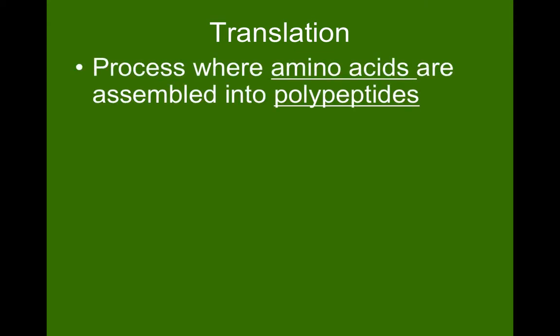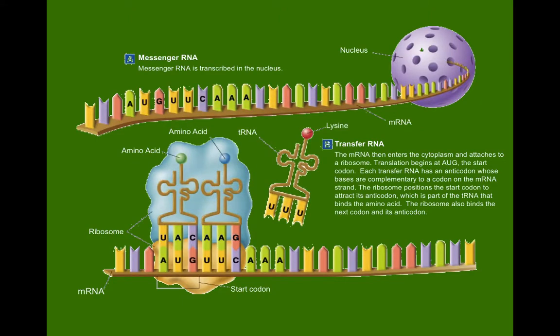All right, so translation is the process where amino acids are assembled into polypeptides. Just to give you an overview again of protein synthesis, we first make the messenger RNA in the nucleus. That's the process of transcription. The messenger RNA is sent out to the ribosome.